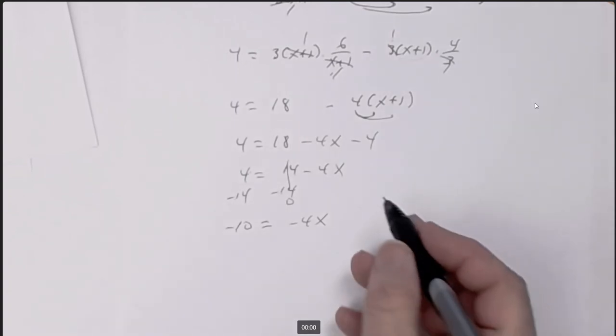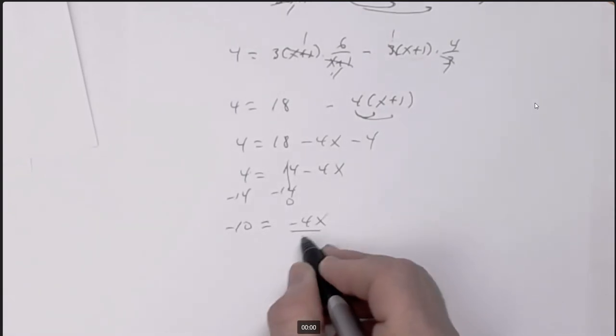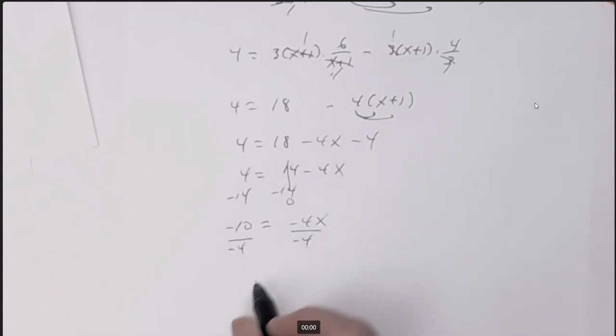And remember, negative divided by negative is positive. And then what's 10/4 reduced? They're both divisible by 2. Positive 5 over 2 equals, and then negative 4 divided by negative 4 is 1. 1 times x is x.